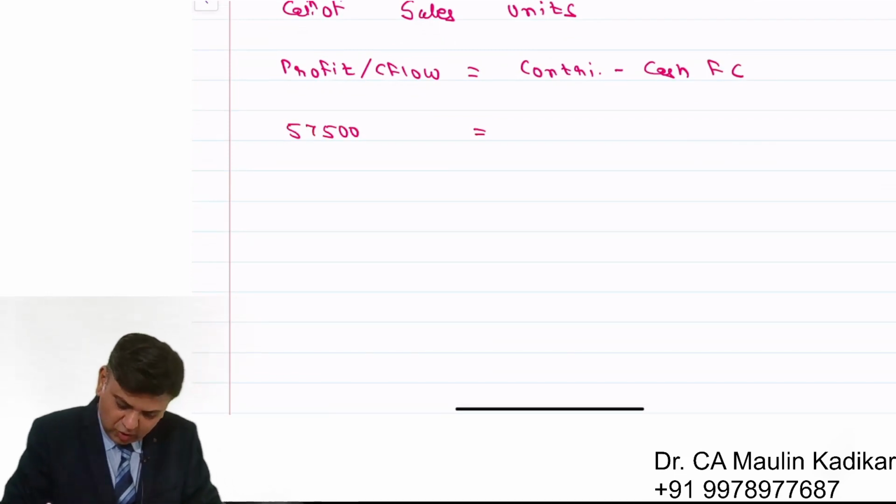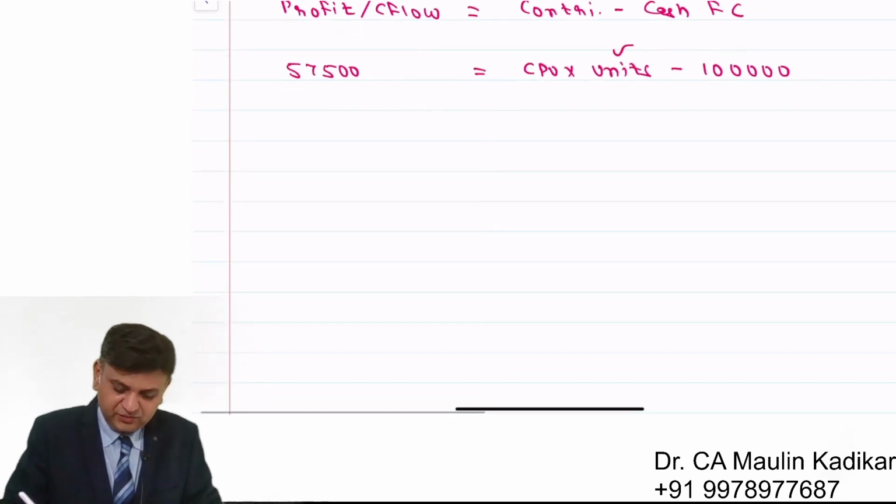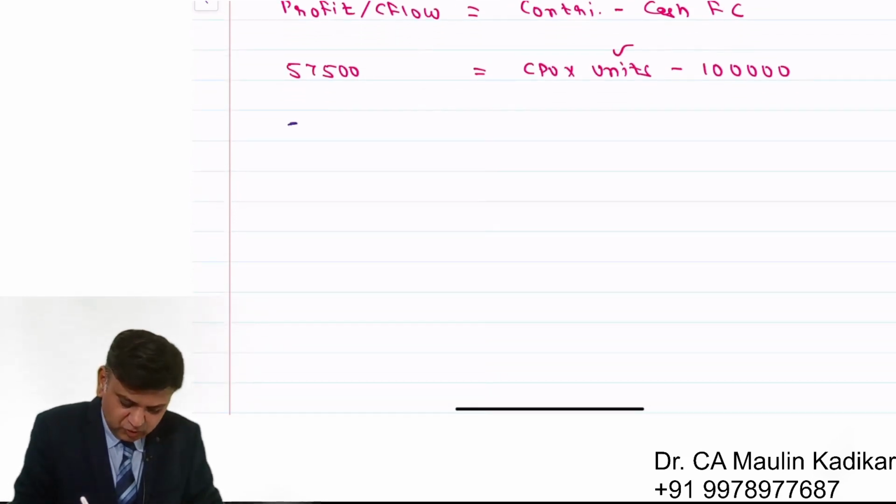Contribution is contribution per unit into number of units, minus cash fixed cost, which is 1 lakh. Now this is required to be found as the balancing figure. So please use your calculator: 57,500 plus 1 lakh.